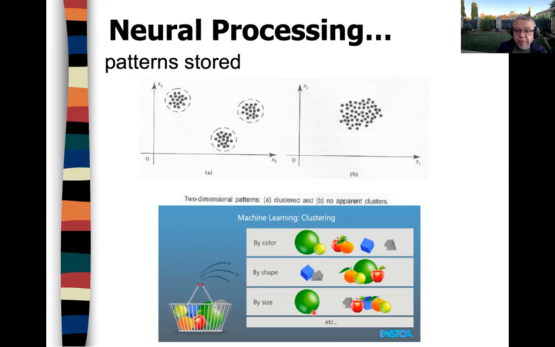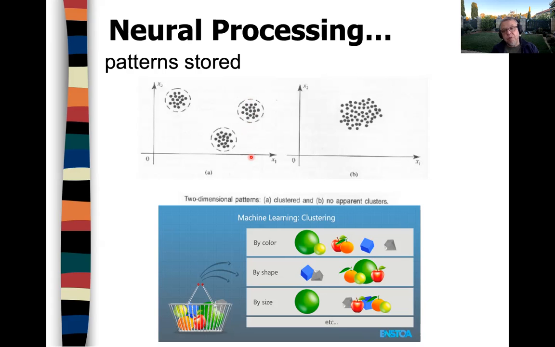So this is a big object, these are small objects, and so on. Basically, in the feature space, if x1 represents the height and x2 represents the width, you will see that the pixels of these objects cluster in here, and then the small objects cluster in here, and so on.